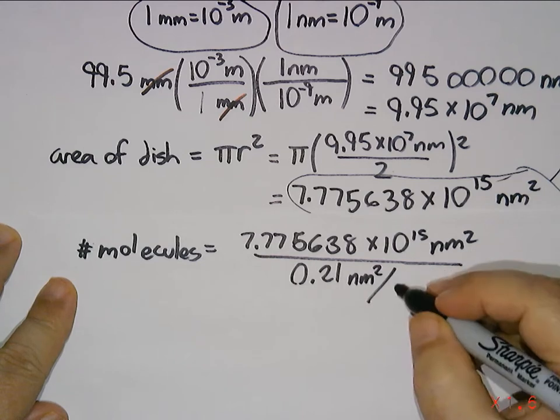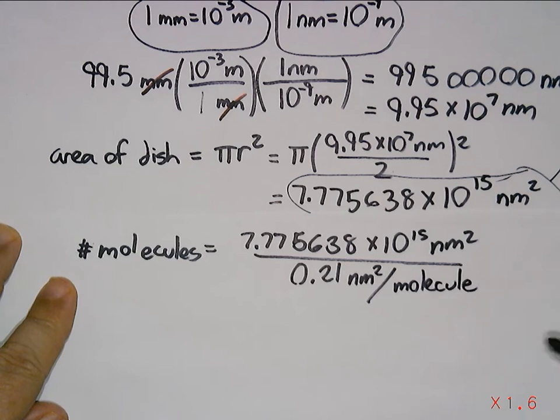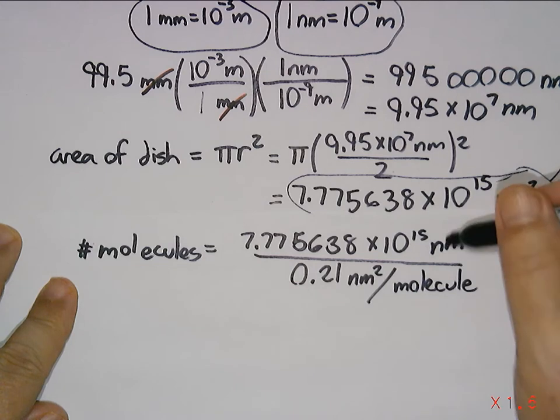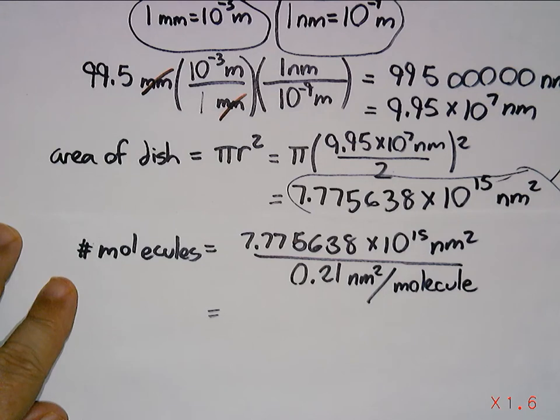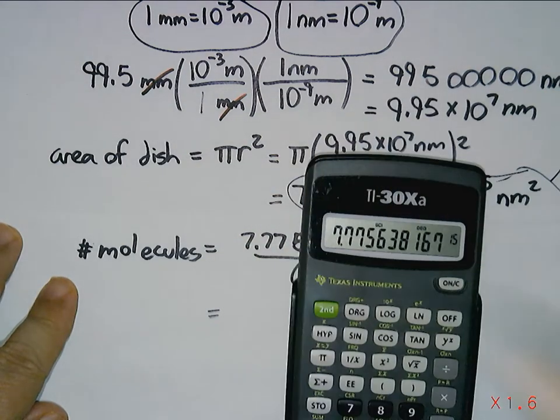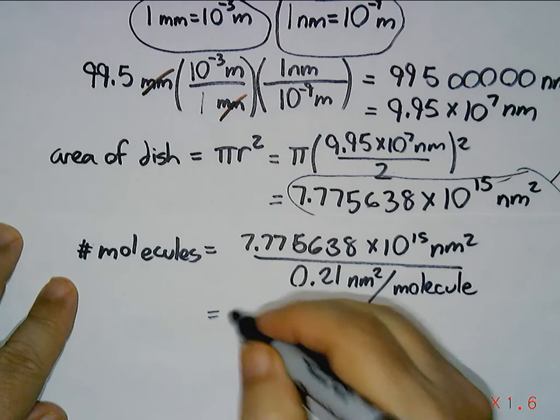That's nanometers squared per molecule, if you want to put it in like that. And that way you can kind of see what the units are doing, right? Because the nanometer squared and the nanometer squared cancel out. You have 1 over molecules, which will be molecules for your answer. Divided by 0.21, it's 3.7 times 10 to the 16.